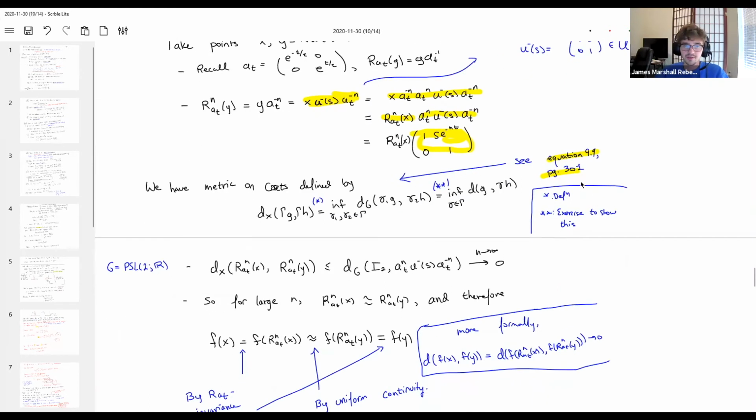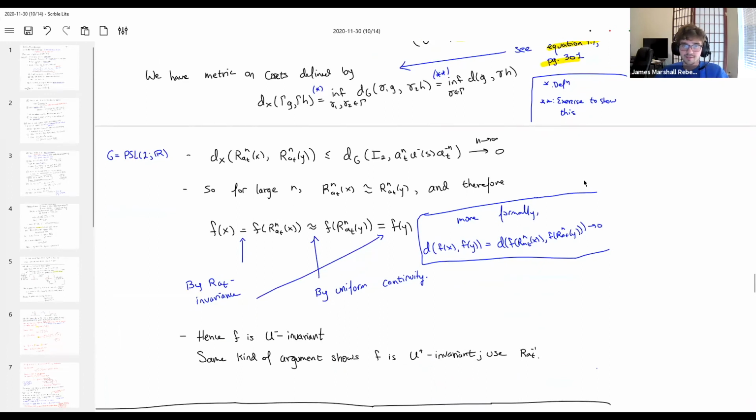But using this definition here, you get that the distance between these two points is bounded above by this here, which goes to 0 as n tends to infinity. So for large n, these are basically the same thing. And so by RAT invariance, these two things are the same, these two things are the same, and then these two things are approximately the same by uniform continuity.